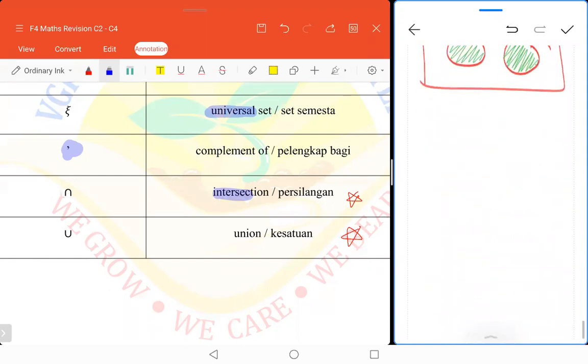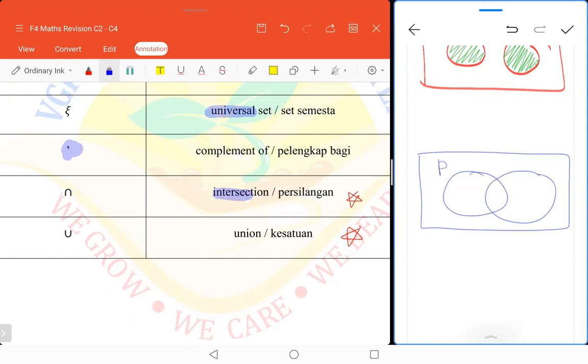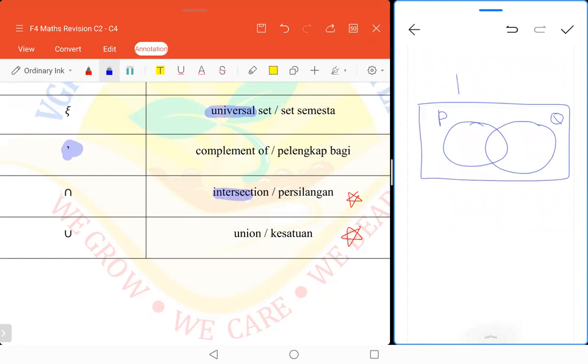Intersect would be like this. This is P, this is Q. P intersect Q. Where is their common area? They are touching at where? Where they meet.